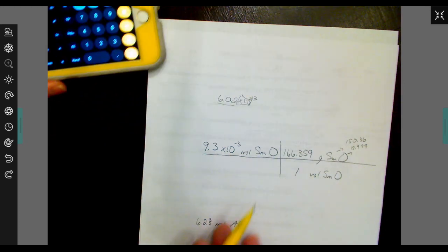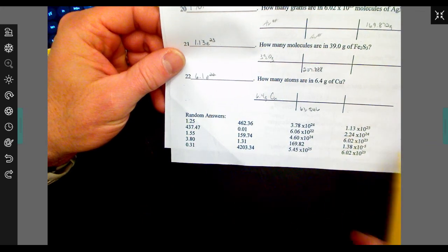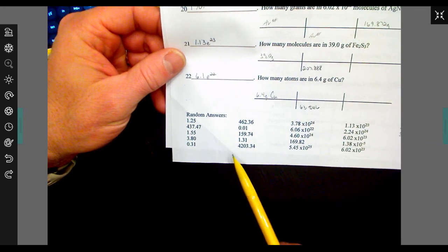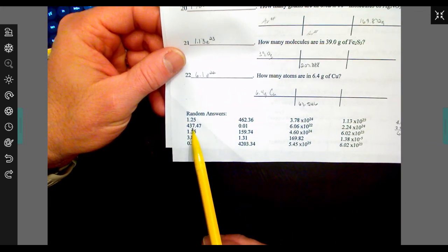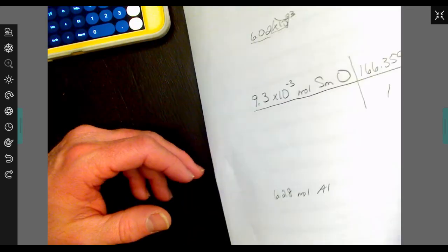Okay, well, on the back of our worksheet is an answer bank. And these are all rounded accordingly as well. So we would see right here, 1.5. Let me double check my problem. All right, so we're not seeing the corrected one because I've redone this part. So I want an answer that only has 2 sig figs.